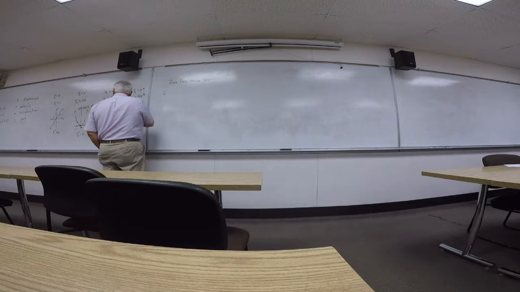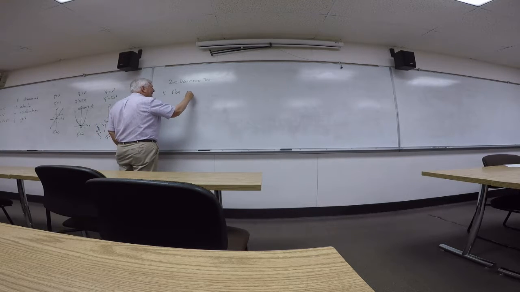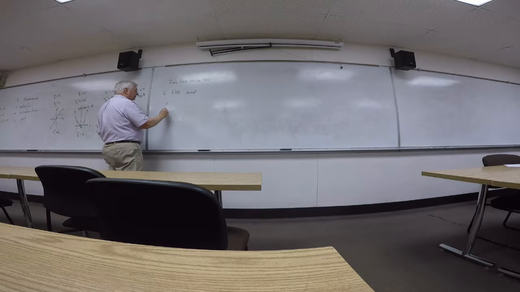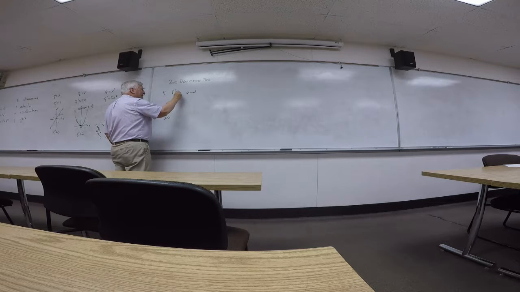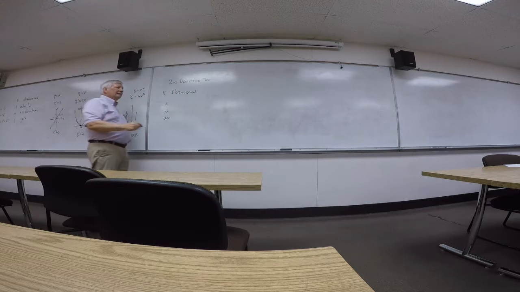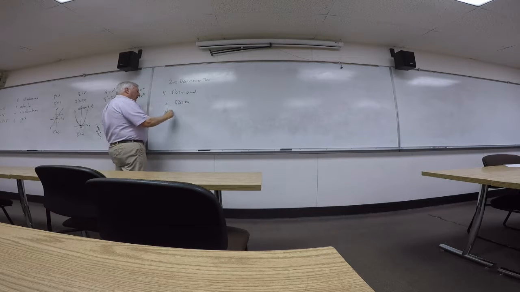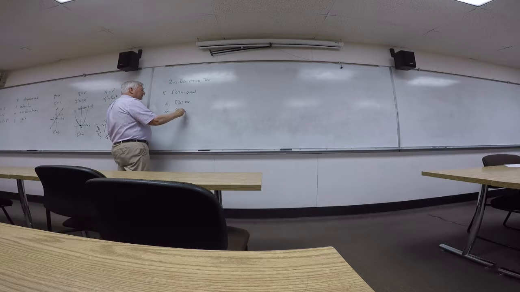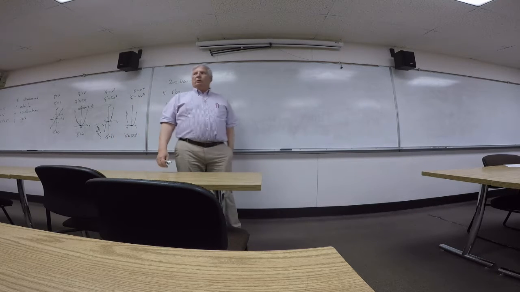Where the function is continuous and its derivatives are continuous, let's say f prime at a is equal to 0 and f double prime at a is greater than 0, or f double prime at a is less than 0, or f double prime at a equals 0. There are some conclusions we can make.